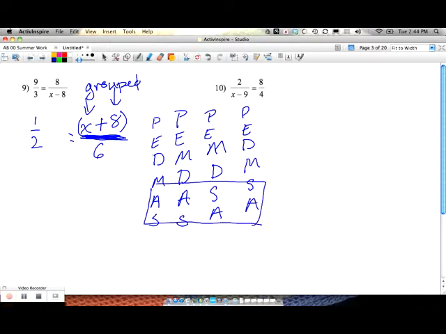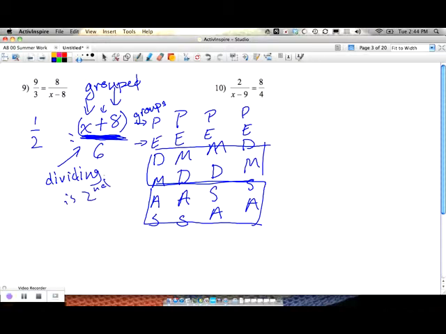Because this bottom level, those can go in either order, adding or subtracting. This top level, those can go in either order, so adding or subtracting. But parentheses or grouping always comes first. Group discount. Way more important than this stuff. Then exponents, which we're not dealing with, and then multiply and divide. So when I see this x plus 8, it's grouped. That means the adding would come before the dividing. Dividing is second.